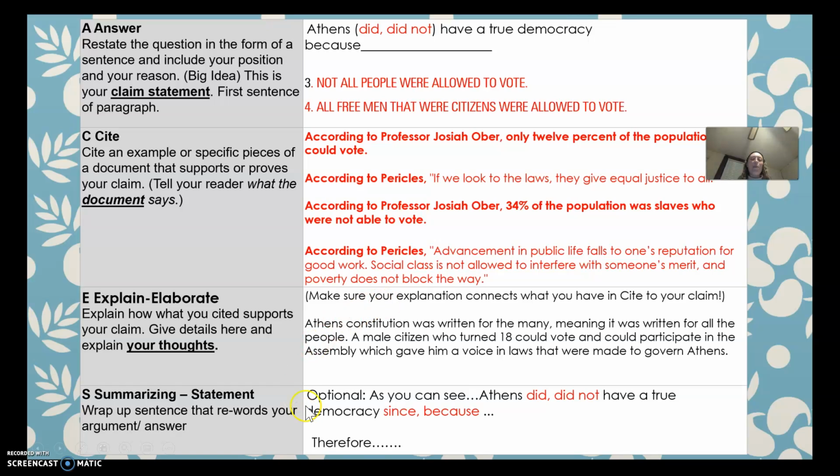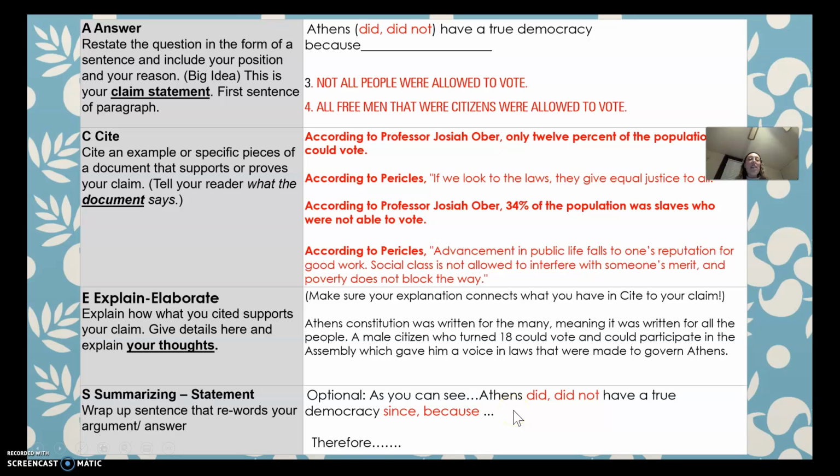There's one last piece to put together, and that is the summary. So, there's a good sentence starter here on this slide. As you can see, Athens did not have a true democracy because, or Athens did have a true democracy since. So, you finish that sentence.